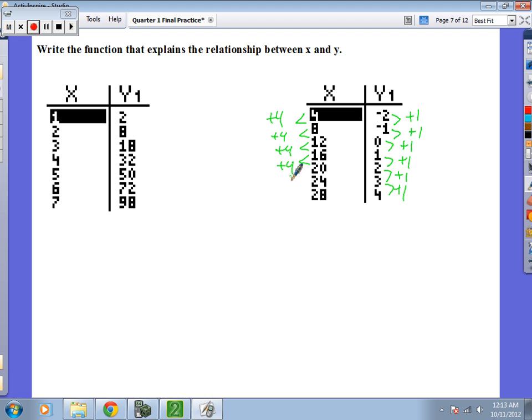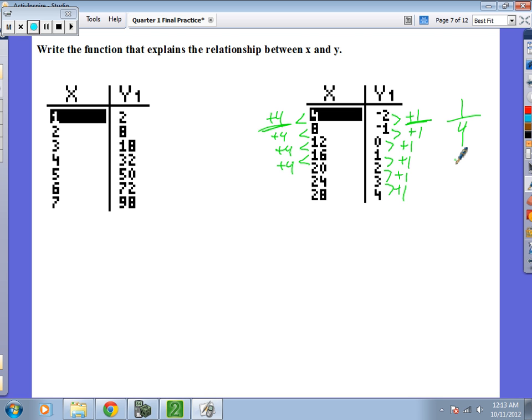So when your x's go up 4 times, your y's only go up once. What is the change? You made $1, but you had to work for 4 hours. So your change is always your y's divided by your x's. 1 divided by 4 is 0.25.